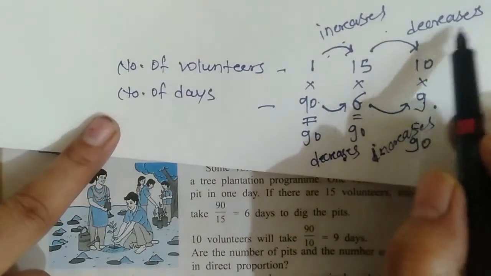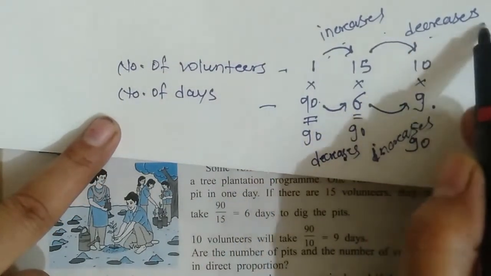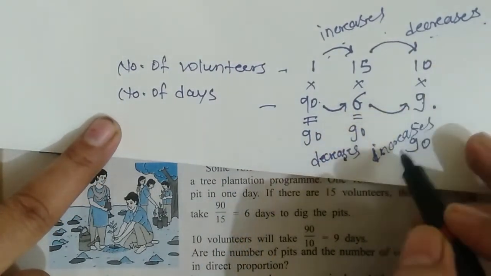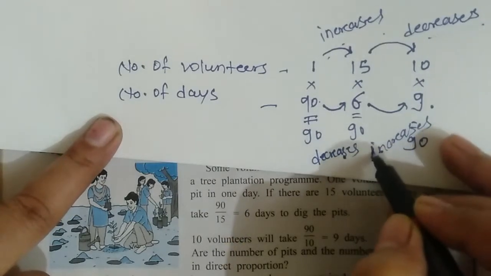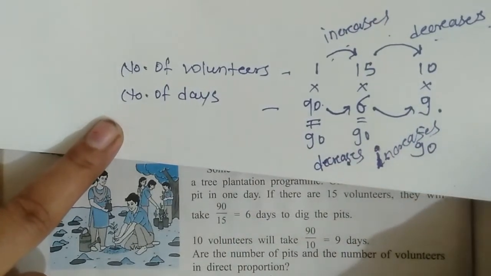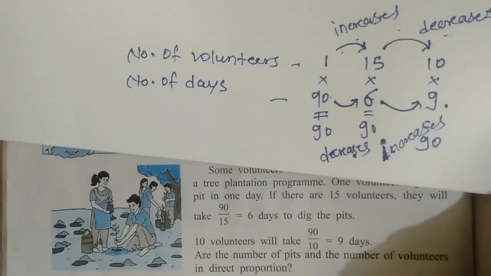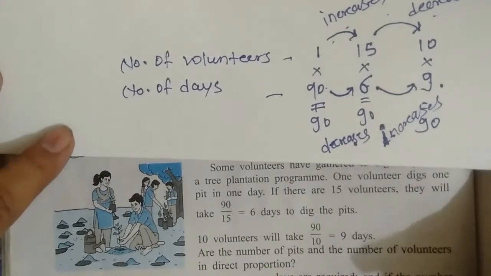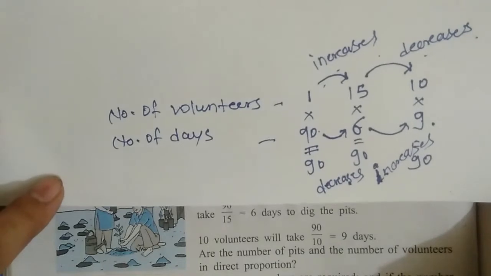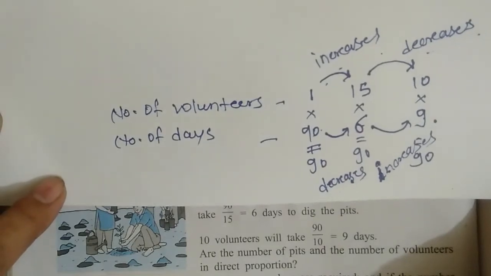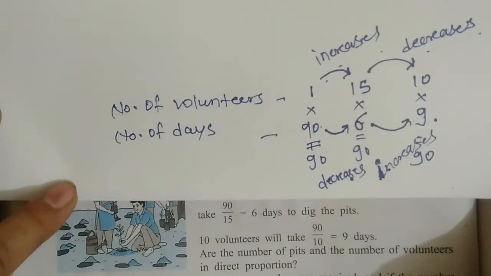Or if the first quantity decreases, then the related proportionate quantity increases. Such examples are called inverse proportion. They are in inverse proportion.